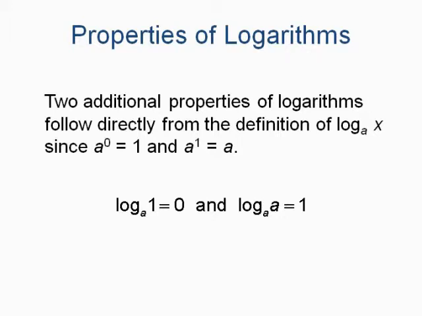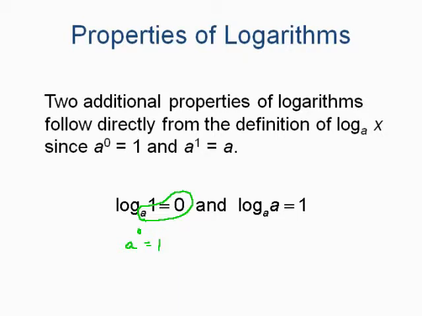Two additional properties of logarithms follow from the definition of log base a of x. Since a to the 0 equals 1 and a to the 1st equals a, the log of 1 in just about any base will equal 0. Why is that? Because if we wrote it in exponential form, as long as it's a positive base, any base to the 0 power will give you 1.